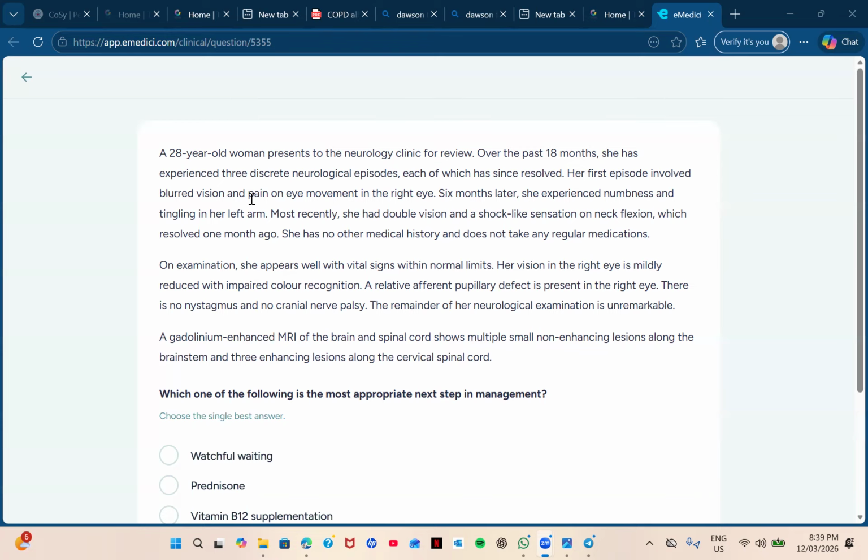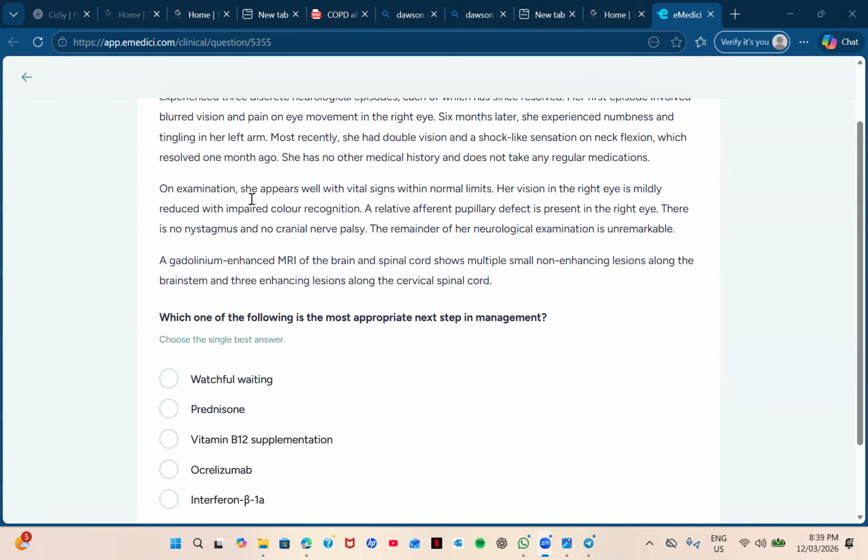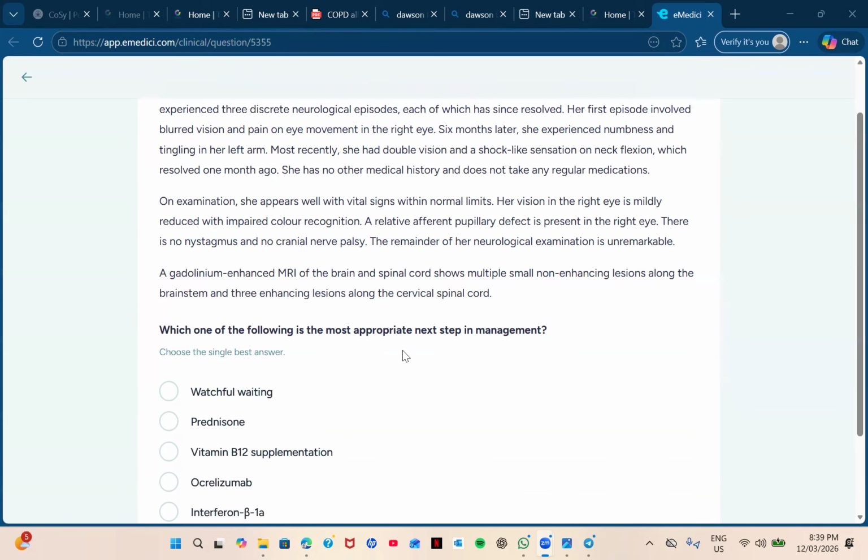On examination, she appears well with vital signs within normal limits. Her vision in the right eye is mildly reduced with impaired color recognition. A relative afferent pupillary defect is present in the right eye, there is no nystagmus and no cranial nerve palsy. The remainder of her neurological examination is unremarkable.